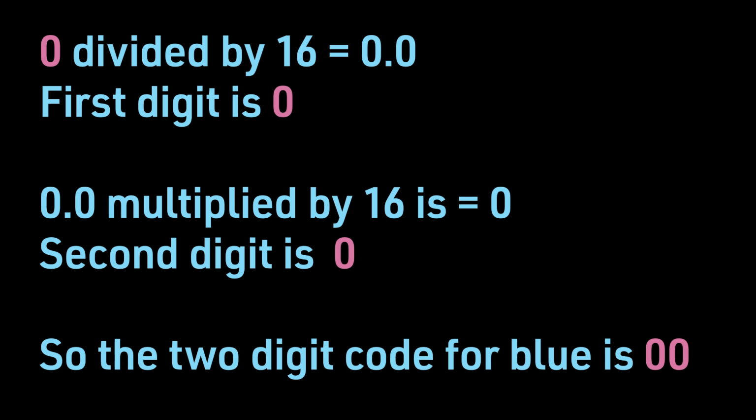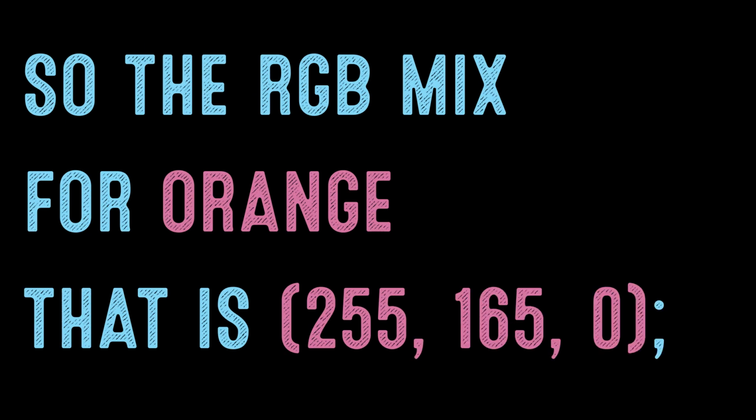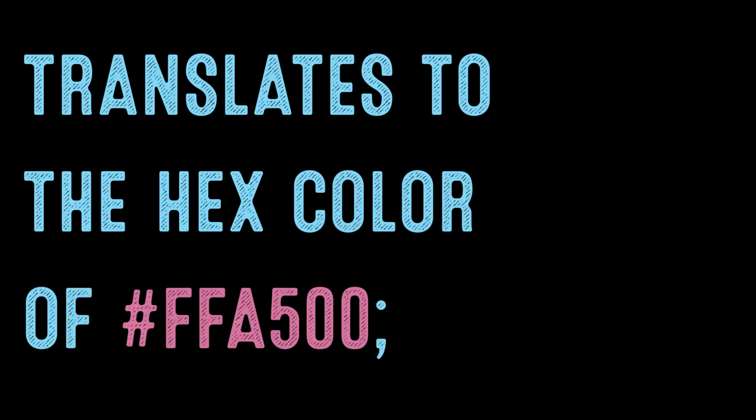The blue color, represented by 0, would mean if we take 0 and divide it by 16, we get 0.0. The first digit is 0. And then 0 multiplied by 16 is also 0. So the second digit is 0. So the RGB mix for orange, that is 255, 165, 0, translates to the hex color #FFA500.